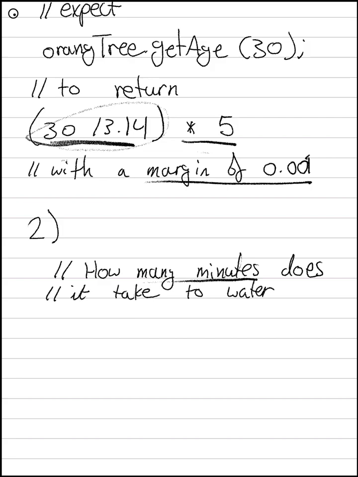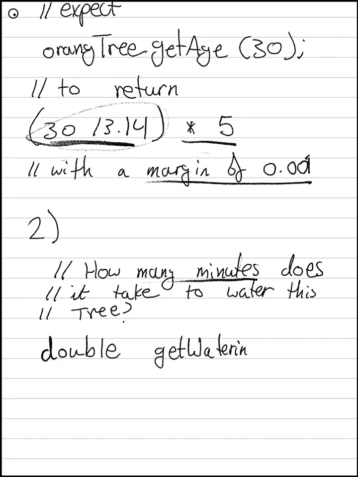All right, what's the next step? The signature, it's going to be a time, and it might be a decimal number, right? Yeah, it could be a minute and a half, so it will be a double. Yes. And then we can choose a name for it, like get watering time. And then the input, which is double circumference.